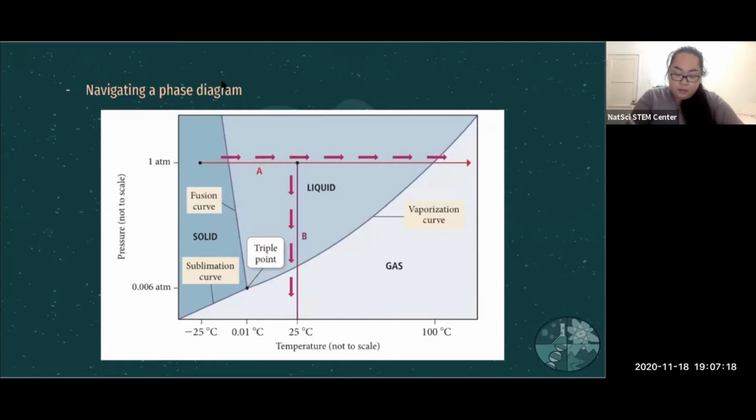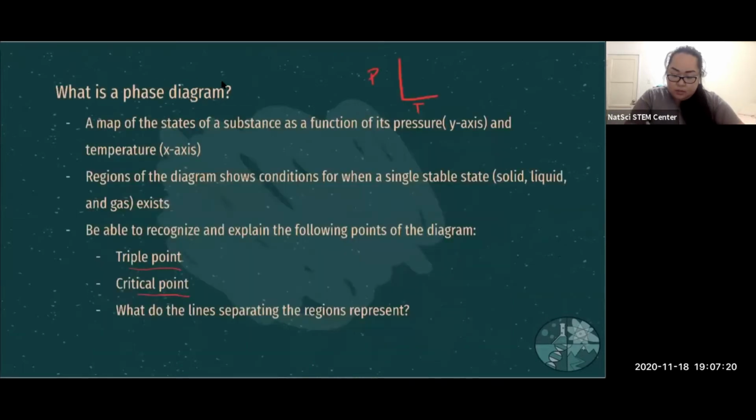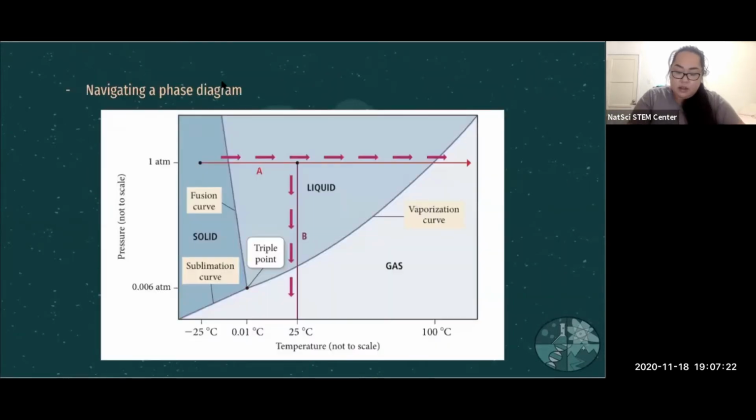When we were talking about regions, this is one region. You have your solid region, your liquid region, and your gas region. Then up here, it's not shown, but there is a critical point for some substances, and it will typically be shown in the upper right corner.